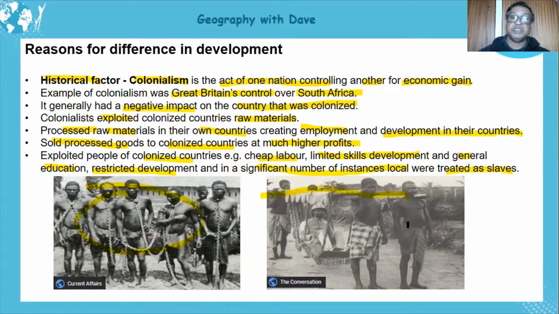It's not a very good image. So historical factors were negative for development in the colonized country, but positive for the colonizing country. They got the raw materials at practically nothing, and they produced, and their countries developed.